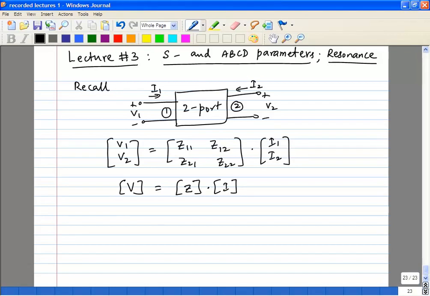Similarly, you can define your Y parameters, H parameters, and your G parameters.